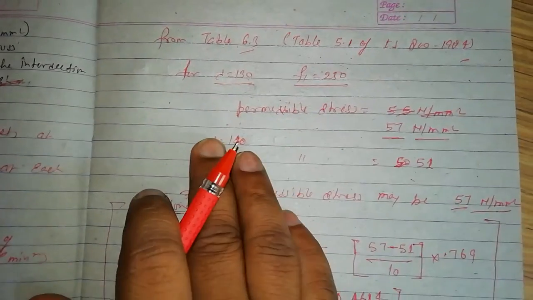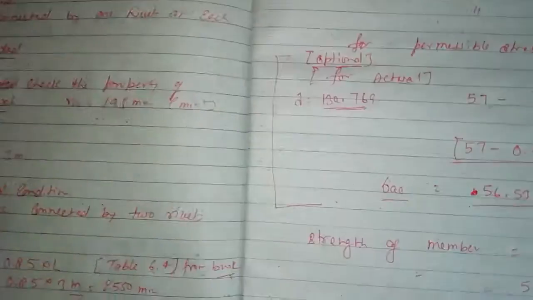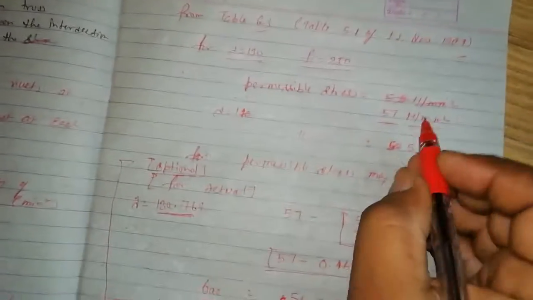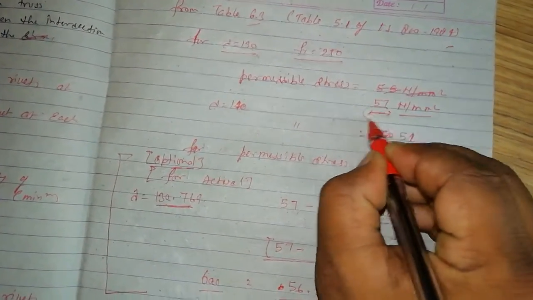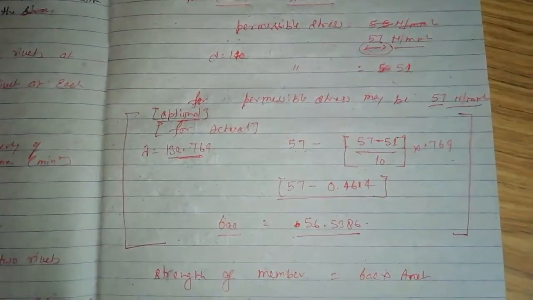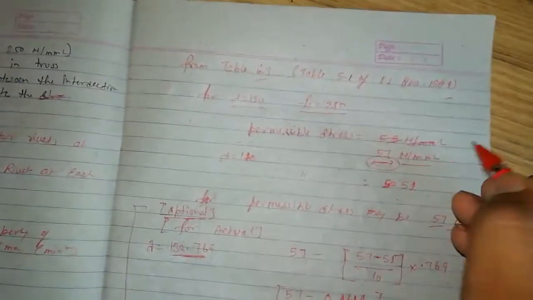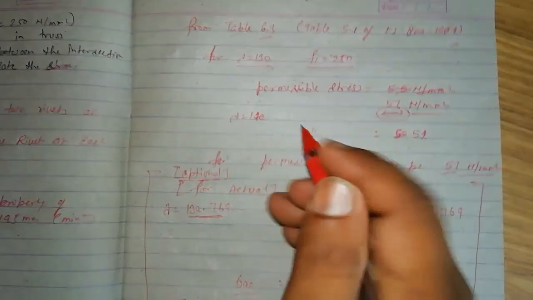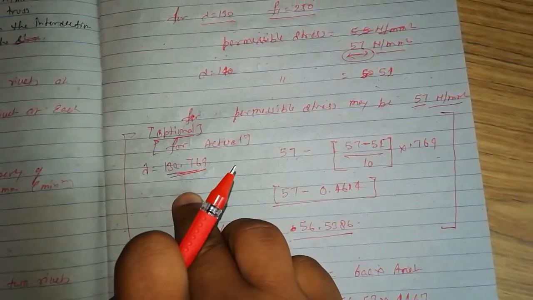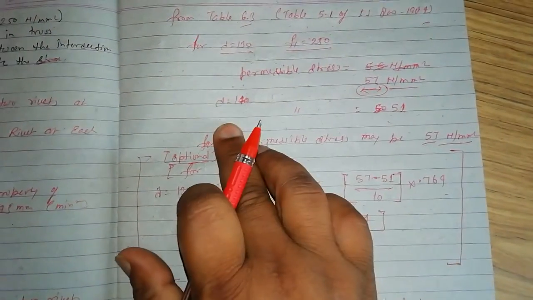Your lambda is 130.769, so you can take it as is, but if you are going for a more exact value, you have to calculate for lambda equal to 130.769.